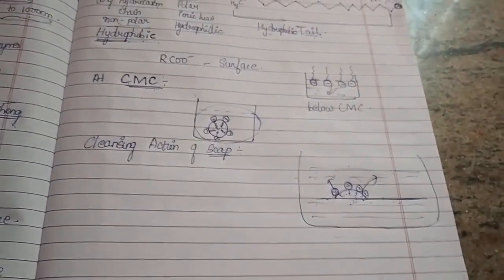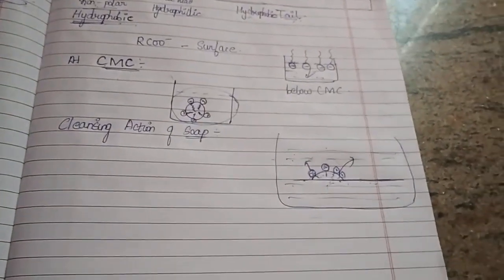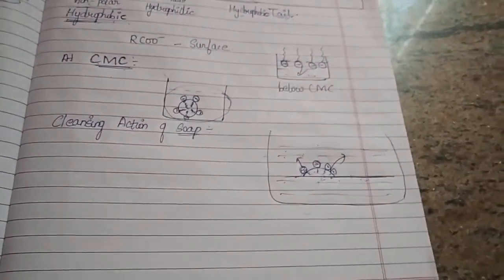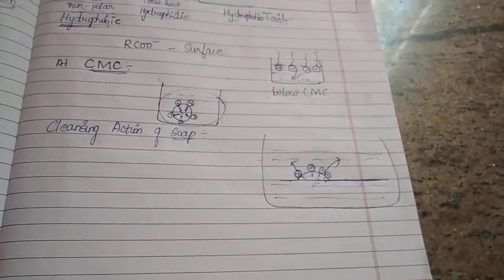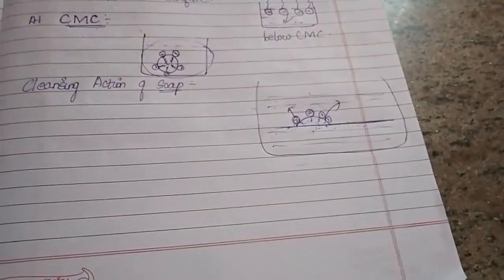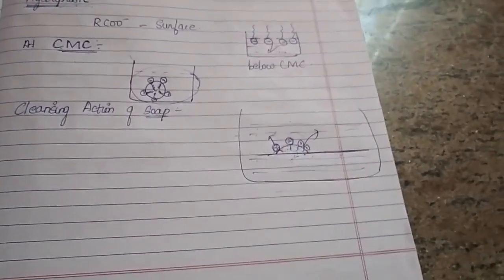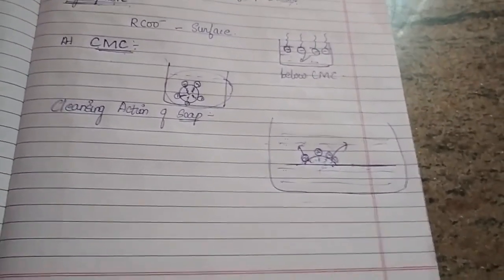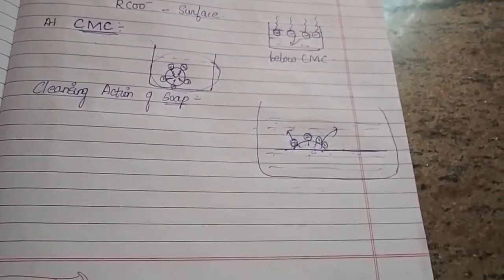Is that clear? So in this way, your soap helps in washing away the oils and fats from your clothes. Okay. In our next video, we are going to see the preparation of colloids.